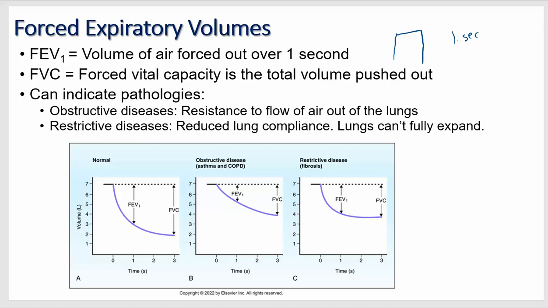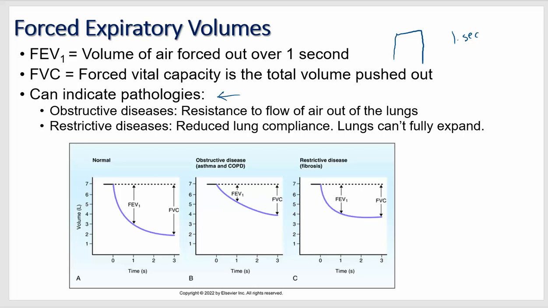Is there something preventing the air from moving through that airway? Forced vital capacity is just how much you're pushing out, so that can go on a little bit longer. If you take a deep breath and you blow as much out as quickly as possible, then that's your forced vital capacity. The reason these are useful is they can indicate these pathologies.